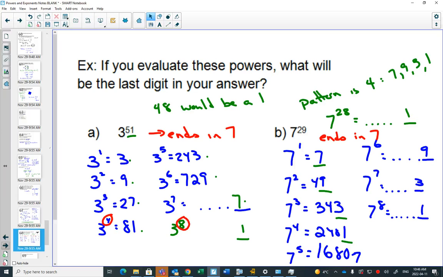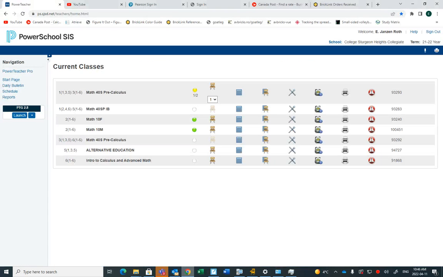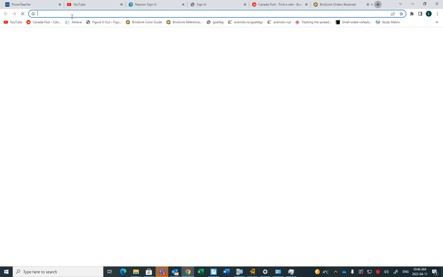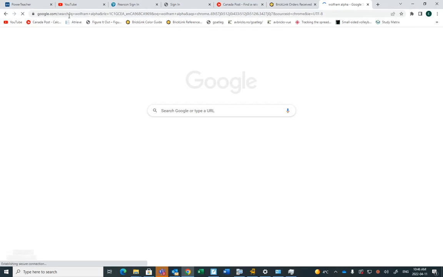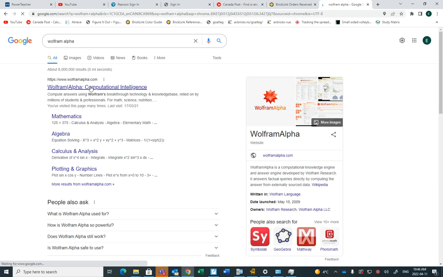If you wanted to see what 7 to the 29 is, we have one more question after this. But if you go to the internet, there is a website called Wolfram Alpha. And Wolfram Alpha is the Google of math.